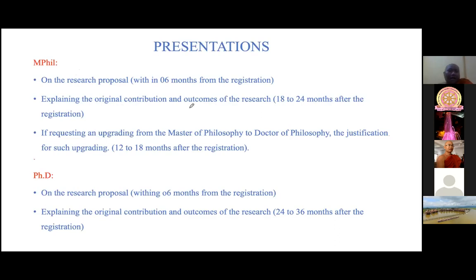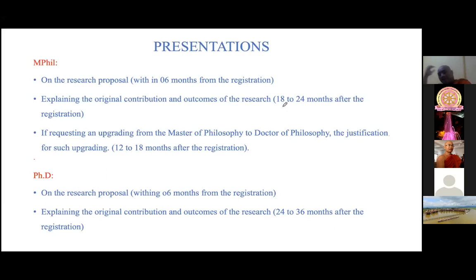This means if you are doing your research only at MPhil level, you could complete it after 18 months, after 1.5 years, if you are able. Another option is that you can ask for more time, which means 2 years. The maximum limit is 2 years for an MPhil full-time student.